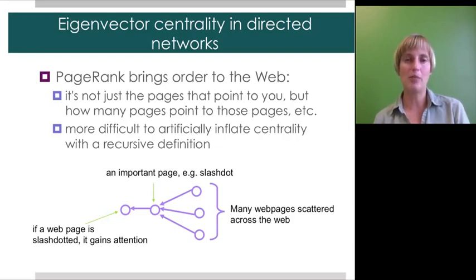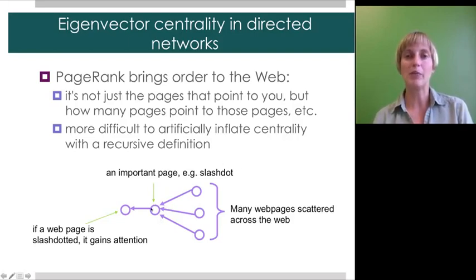And this was applied by Larry Page and Sergey Brin when they were graduate students at Stanford to the web. They just said, we're going to figure out how important each web page is, and we're not going to take just the number of other pages that point to it. We're going to instead look at the importance of those pages in a recursive way.